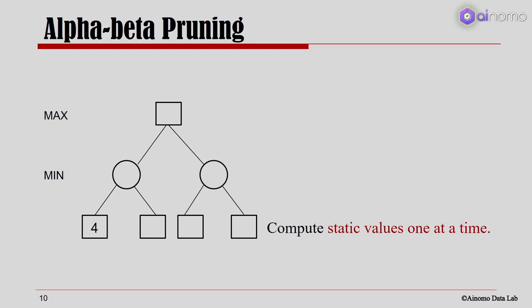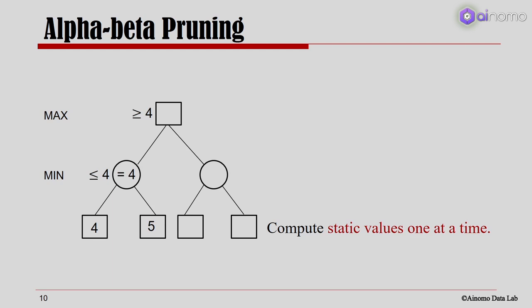We compute the first static value, which is 4. Now immediately we realize that one level up, that's the Min, any value he would be looking for would be less than or equal to 4. We then compute the next value and realize that this value is 5, and therefore Min can stay with 4.